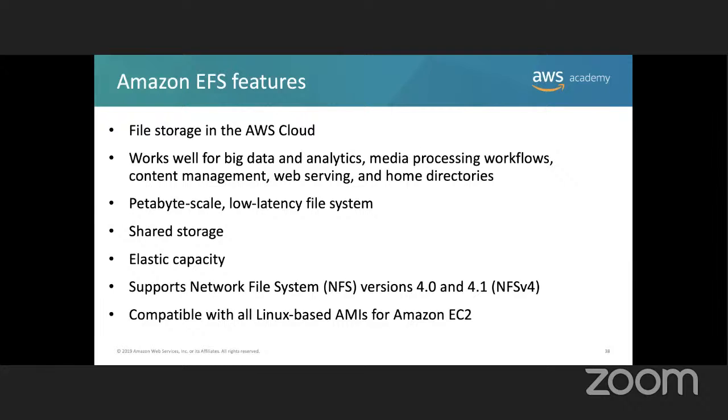Don't forget that, right? So an EBS volume can only be attached to one EC2 instance. In the case of EFS, it's a shared file system. Several EC2 instances can have access to the file system at the same time. So it's a shared file system. Very important.